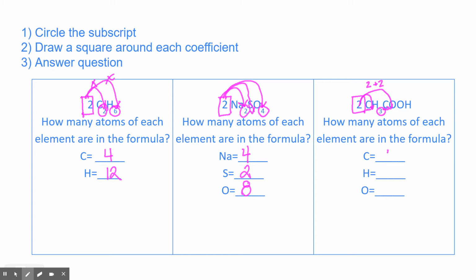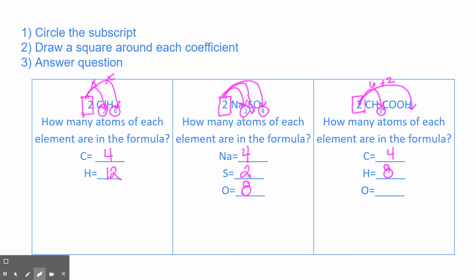So for carbon, we have 4. For hydrogen, we have 2 times 3, which is 6, plus the other hydrogen, which is 2. So we have 8 hydrogens.